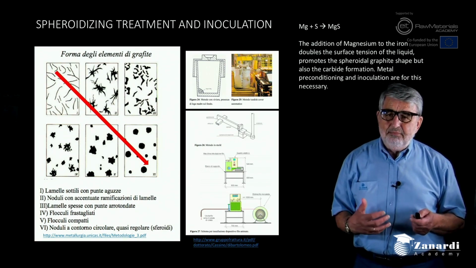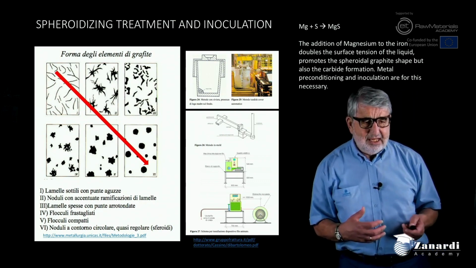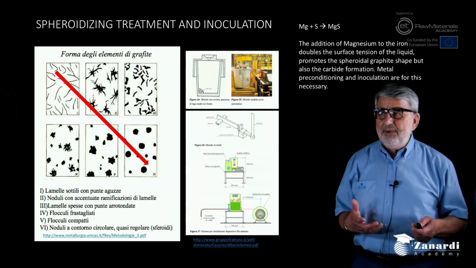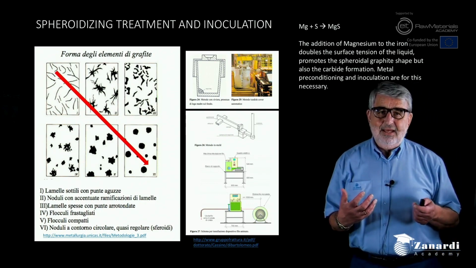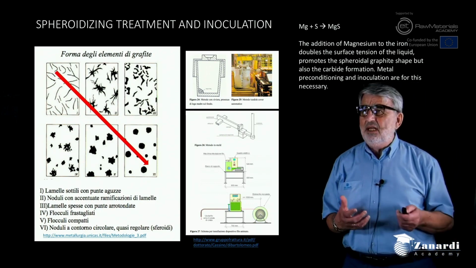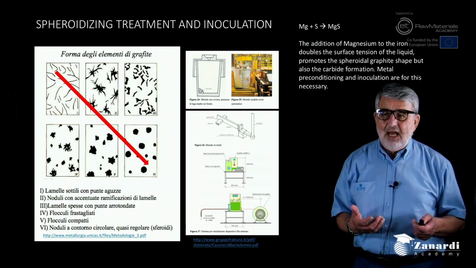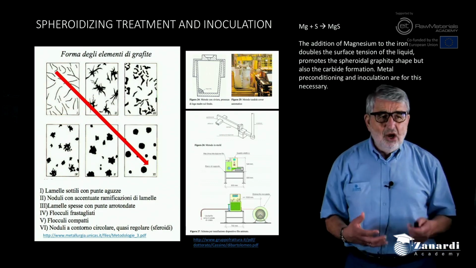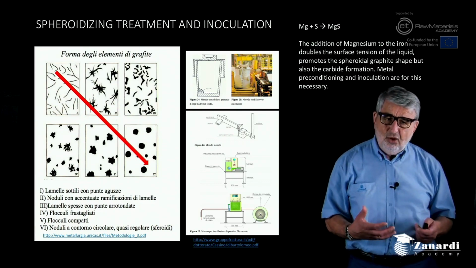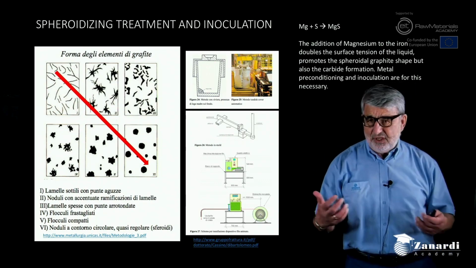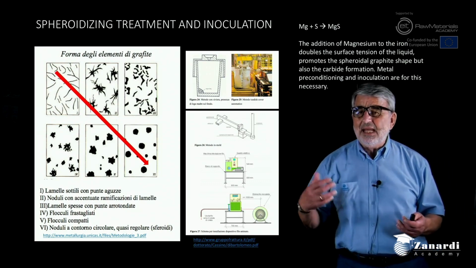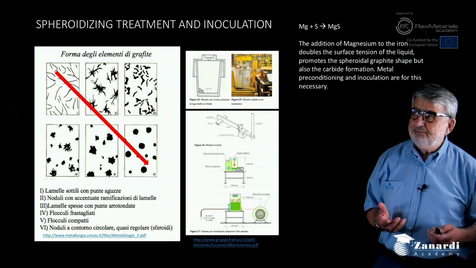It means that because of other elements that we have in solution, for example sulfur, the surface tension of the liquid iron is low, and this low surface tension makes it easy to present a large surface for a unit volume, as it happens with the lamellar graphite.